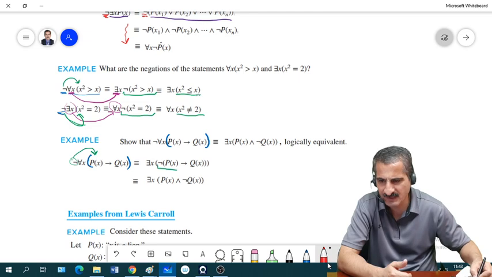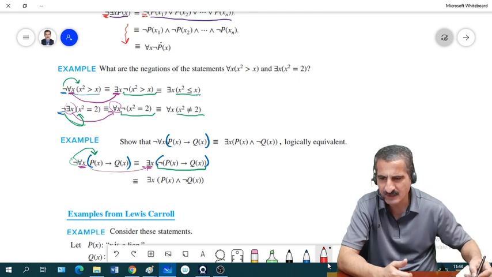So we have that, and the parentheses are still here. These are the parentheses. And this universal quantifier became an existential quantifier.